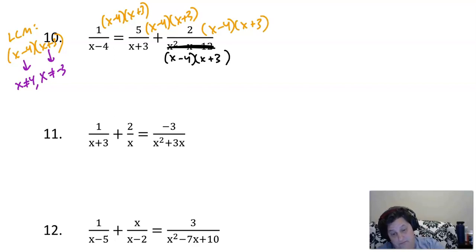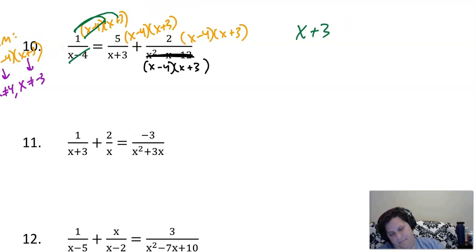Okay, check it out. The x minus 4's cancel. If I distribute that, I get x plus 3. Here, the x plus 3's cancel. If I distribute that, I get 5x minus 20. Here, they both cancel, plus 2.